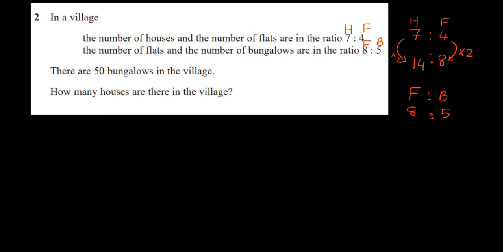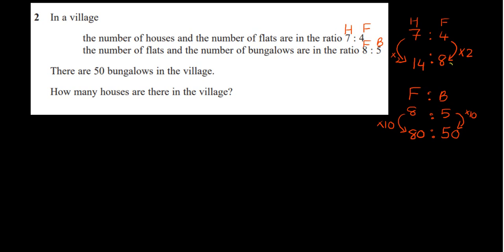The next part of the question says there are 50 bungalows in the village. So if I look at the second ratio, the number of bungalows is 50. If I multiply 5 by 10, I get 50, so I multiply 8 by 10. That gives me 80, which means if there are 50 bungalows in the village, there must be 80 flats. Let's go back to our first ratio.